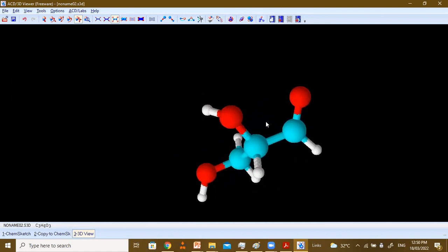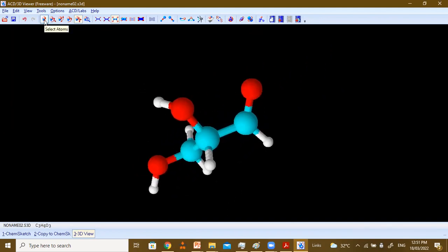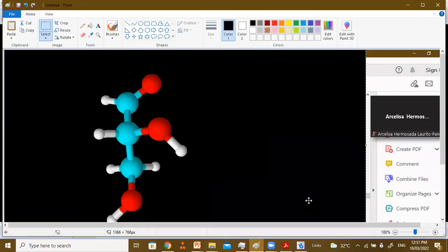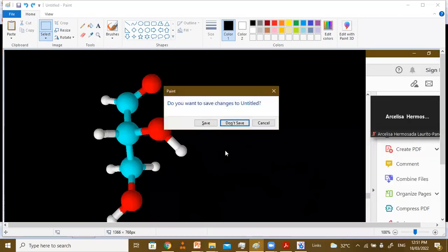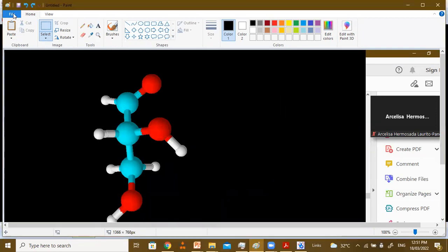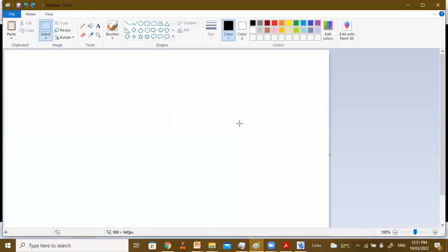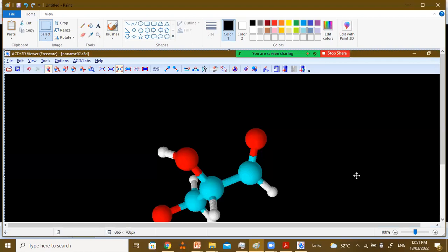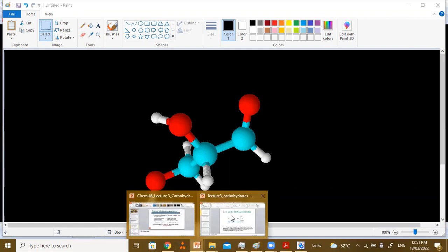This one is the mirror image of the other. Okay, this one is a mirror image of the one earlier, and they cannot be superimposed.